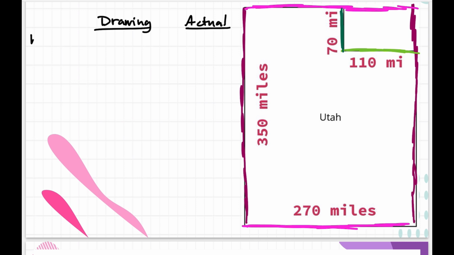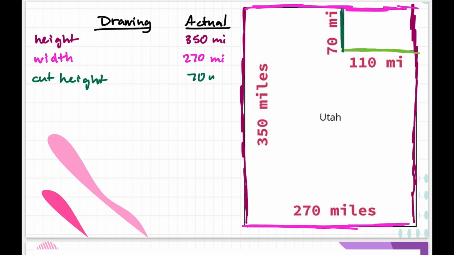Again, we have a height of 350 miles. We have a width of 270 miles. We have to cut out a height of 70 miles. And we have to cut out a width of 110 miles.